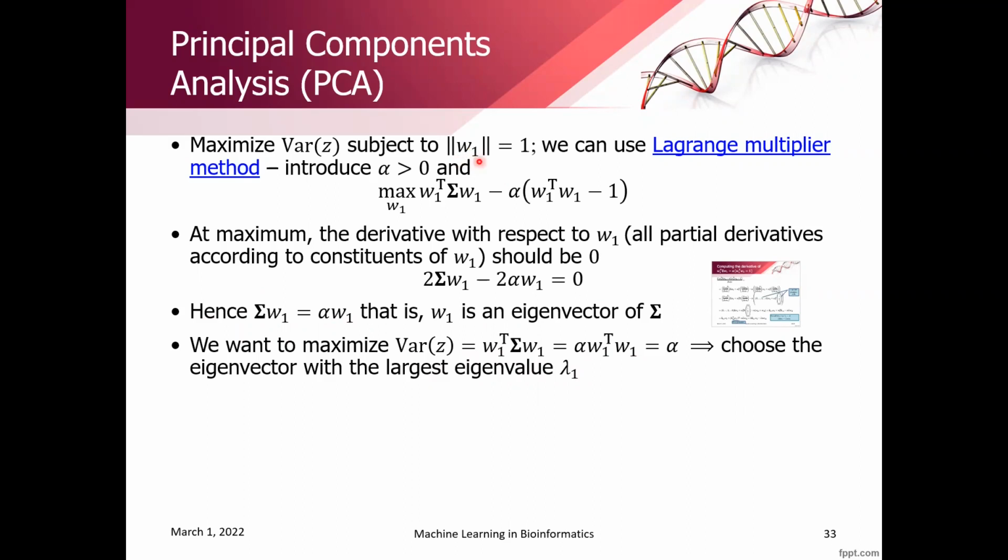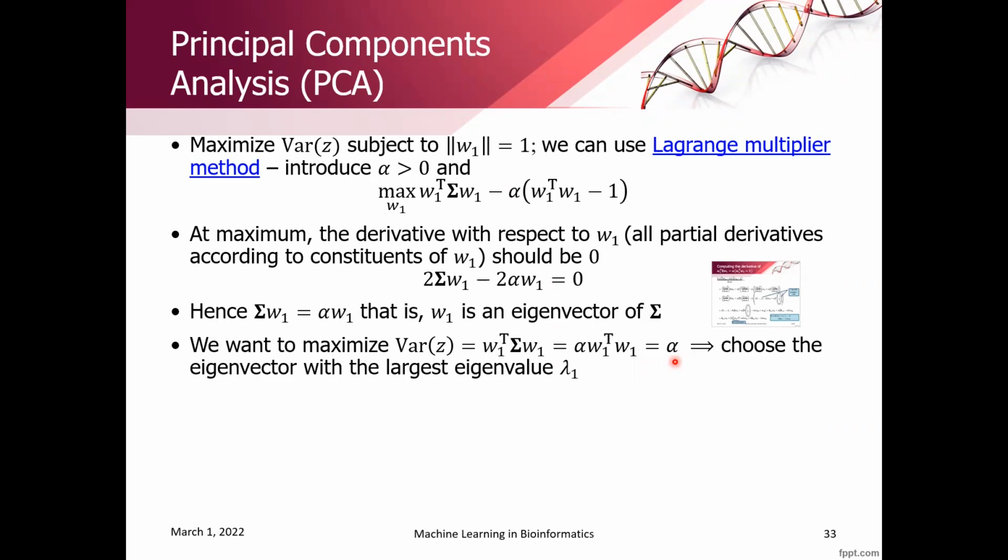And we have the assumption that the norm of the vector W sub 1 is 1, so the square of the norm is 1. The result is alpha, so the variance is alpha. The variance is the eigenvalue of the eigenvector W sub 1. We would like to maximize the variance, so we select the maximal eigenvalue of the covariance matrix.